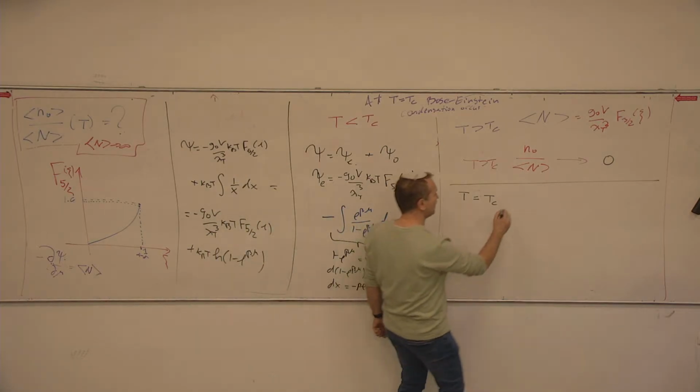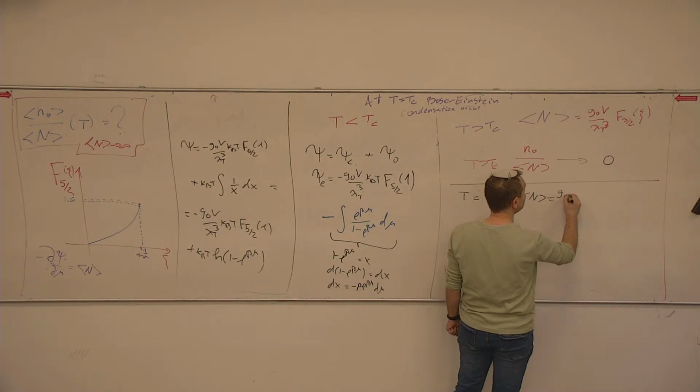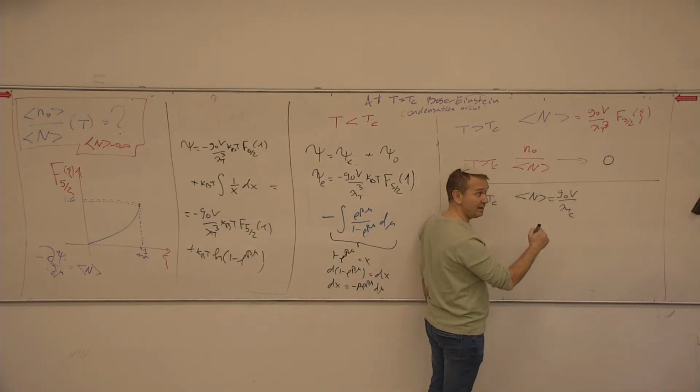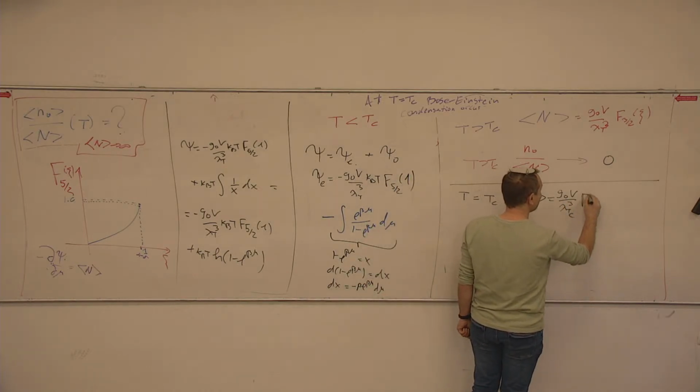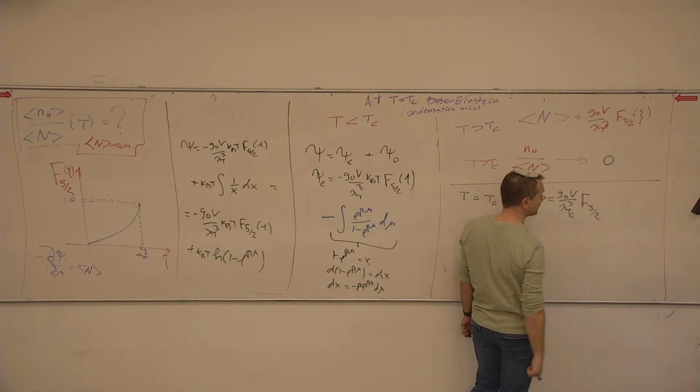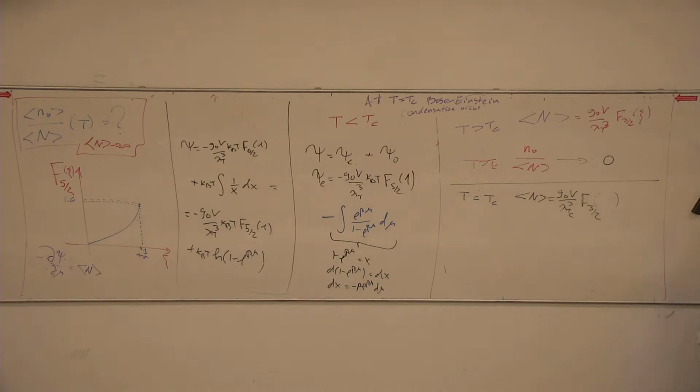The average number of particles equals G0 V over lambda Tc, because I'm working at T equals Tc, to the third power, of f 3/2 of what? 1.